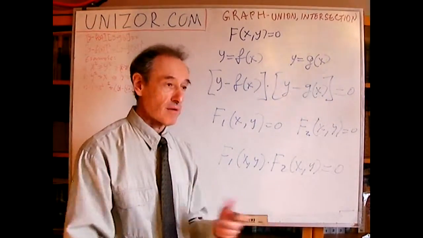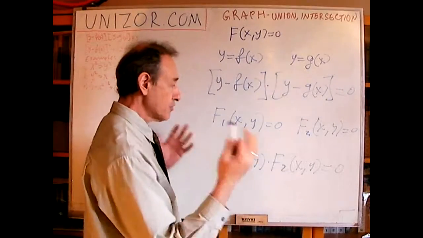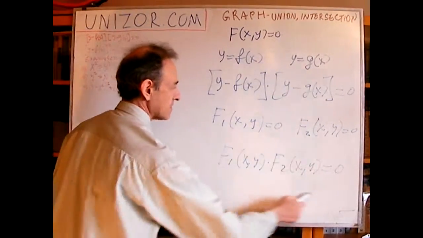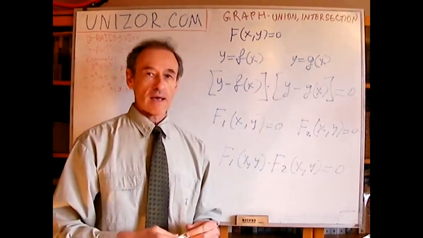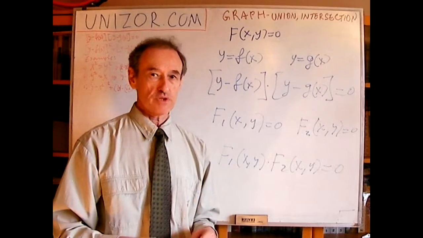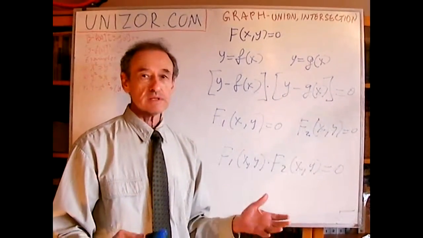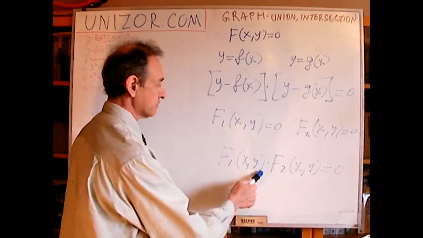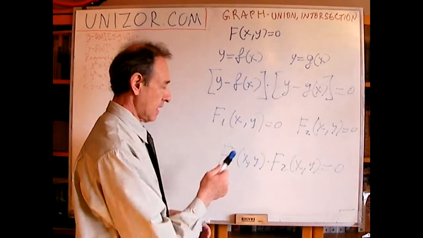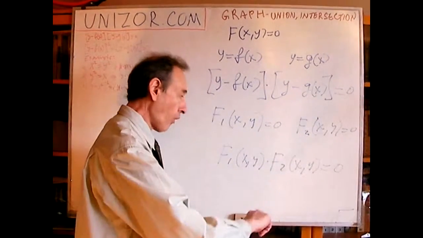Apparently, everything can be done in the opposite direction. What if your equation actually looks like this in the very beginning, and you are asked to draw the graph of this particular dependency between x and y? You can say that this equation is equal to 0 only if f1 of x and y is equal to 0, or f2 of x and y is equal to 0.